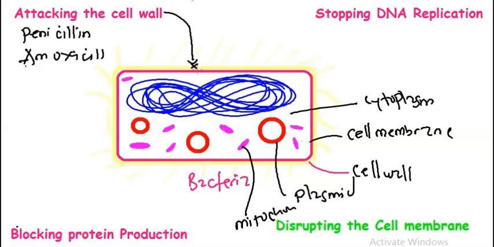So the second one is blocking the protein production. This actually happens inside of the cytoplasm. We have the ribosome and we have protein synthesis. So we have certain drugs that block this protein synthesis. In other words, you can say they inhibit. Inhibition is the same as blocking.